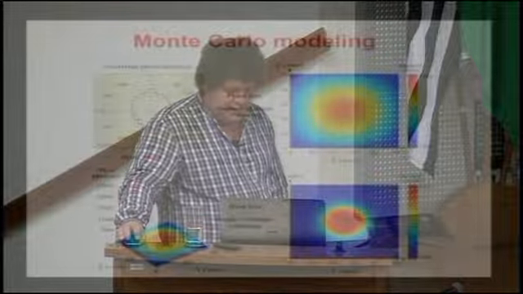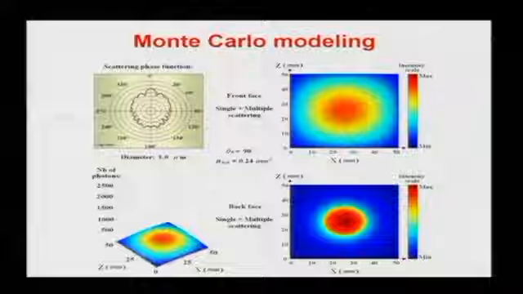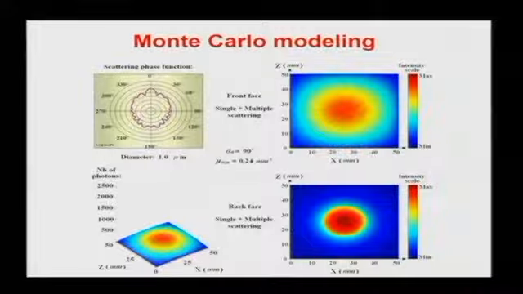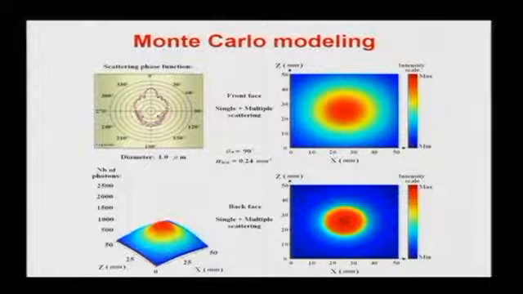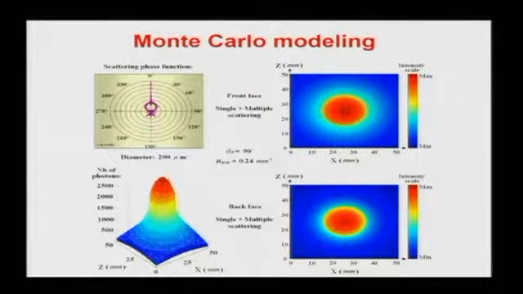And thus, if you remember, I just showed this picture again. When we consider particles with cancer, you see the peak of forward scattering will be a more important parameter here.